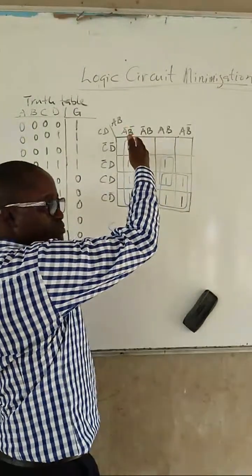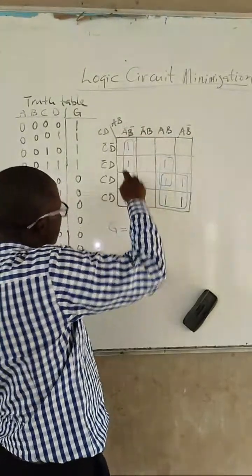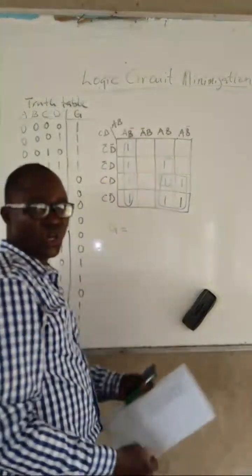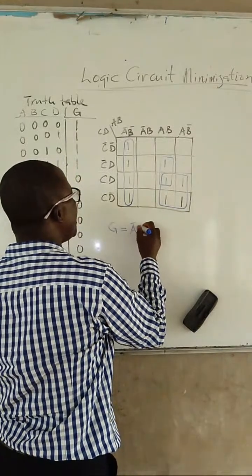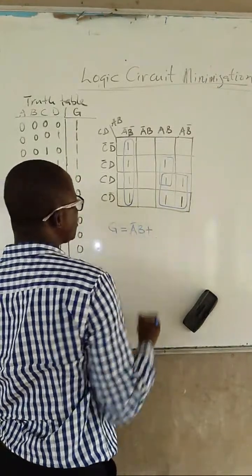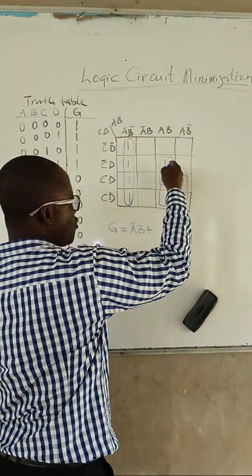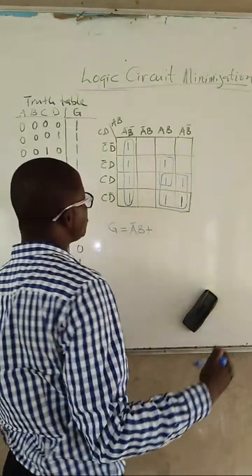So, in other words, the answer to this column will be A bar B bar. It remains constant along the column. So the answer there is A bar B bar, plus this 4. We're going to look at the 4 from column to column and row to row, since it's moving from row to row and column to column.